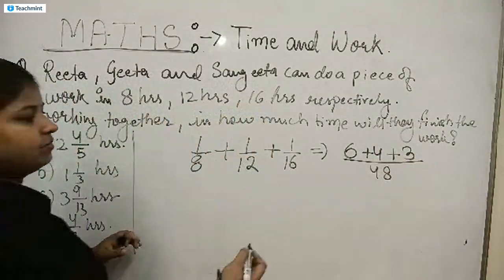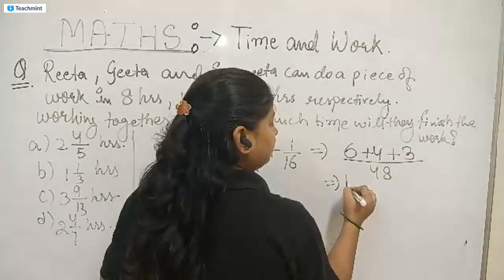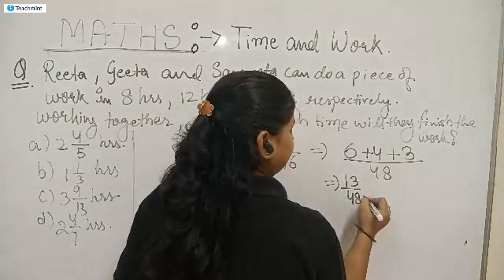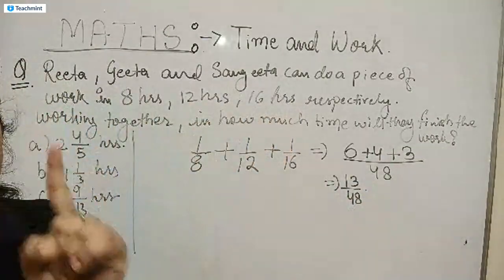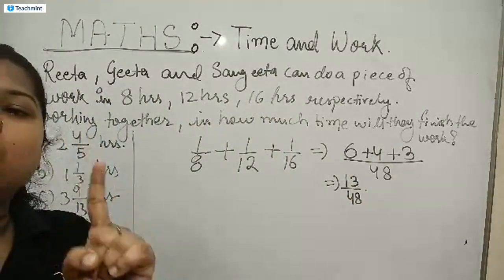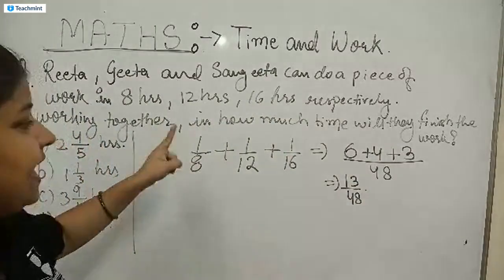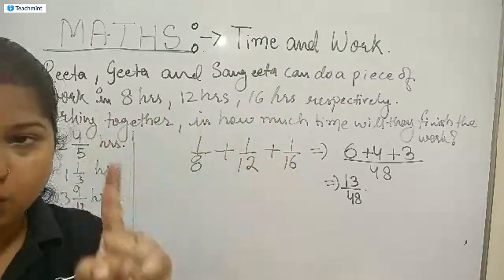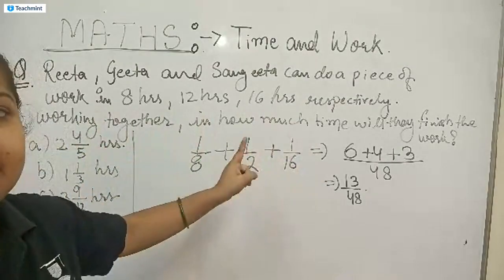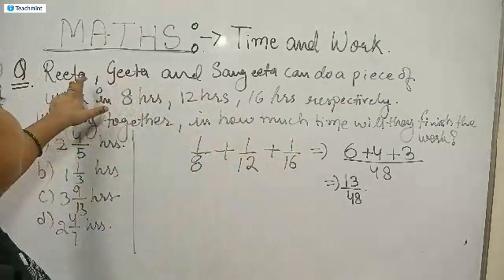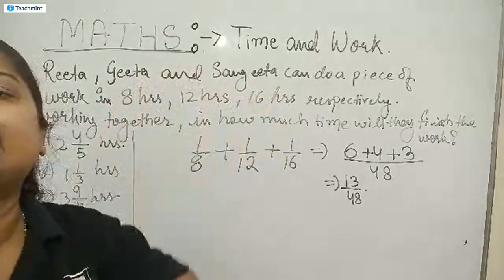Now just add them. How much did you get? 13 upon 48. This is 1 day work of A, B, and C, that is Rita, Geeta, and Sangeeta.